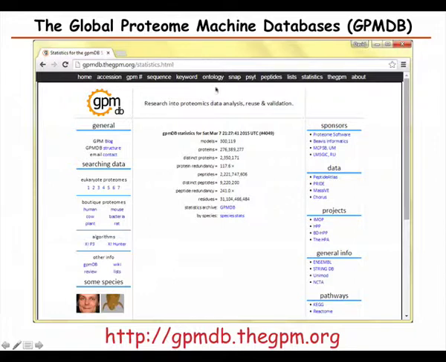So right now, there are about 300,000 LC-MS experiments that have been taken from the public space. So that's definitely the biggest collection of mass spec data.